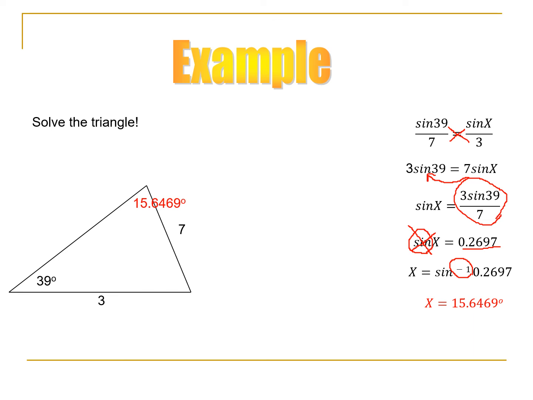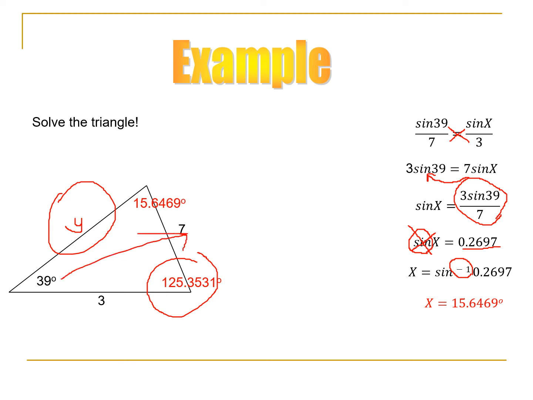Once we have that angle, it's easy to find this angle. Again, triangle sum theorem: all three have to add up to 180. So there is the third angle. Then we just have one thing left, this missing side. We'll call it y. Let's set up the law of sines.